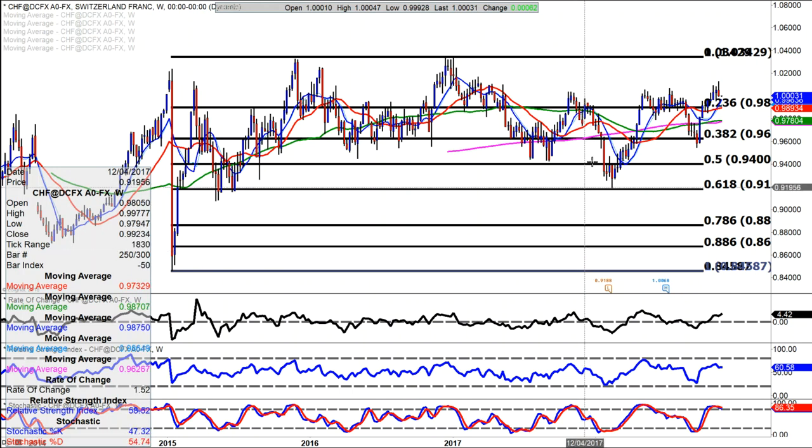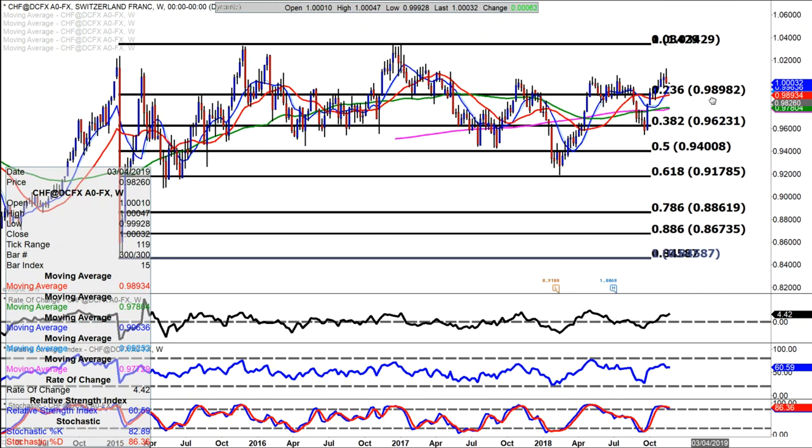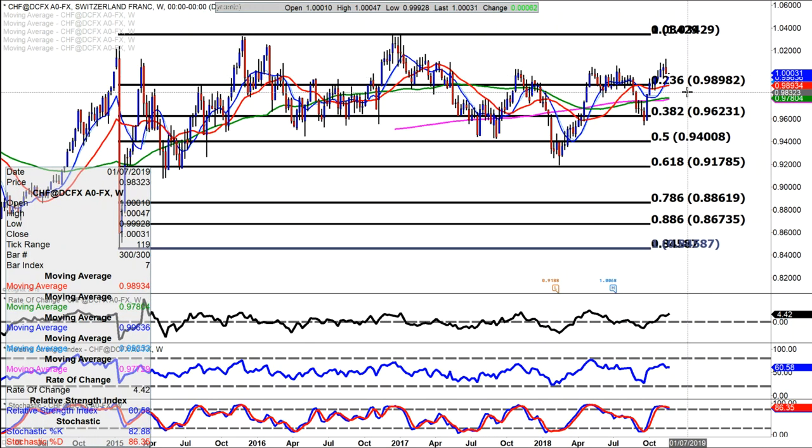Now, again, you've got support down at these lower levels. You've got it at 0.9898. That is also intersecting with the 21 day average, which is coming in at 98.93. The 9 week average is coming in at 99.63. So you've got a lot of support around at these lower levels.